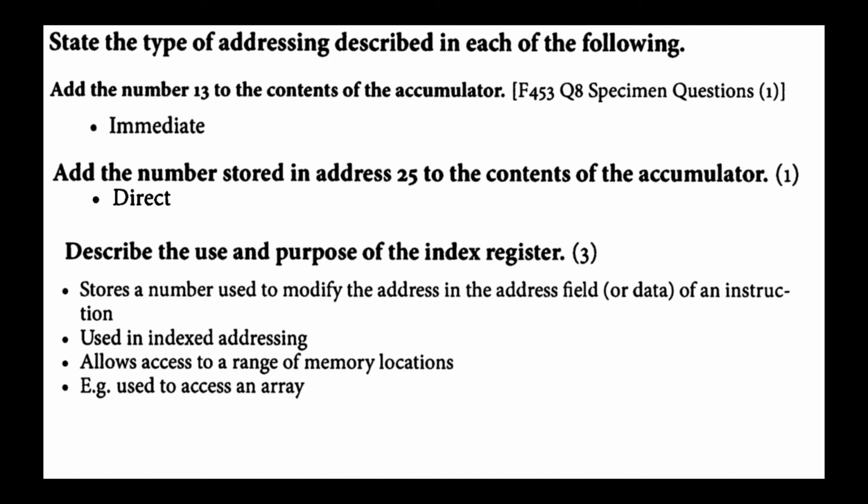So the way you answer this is saying it stores a number used to modify the address in the address field of an instruction. It is used in index addressing. It allows access to a range of memory locations. It is used to access data from an array. So that's how I would answer it.